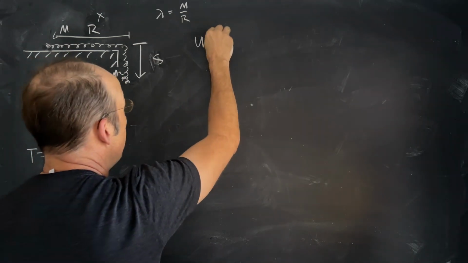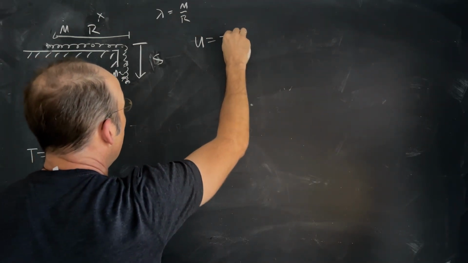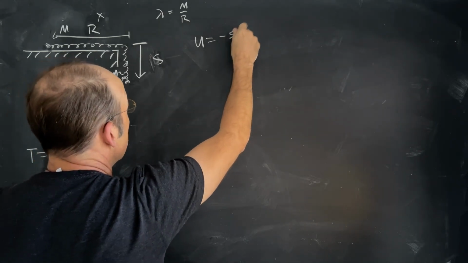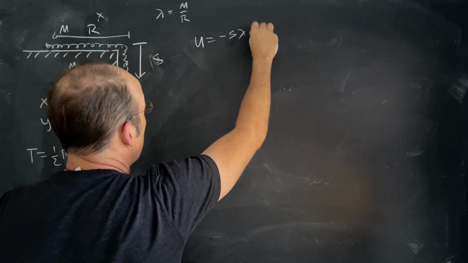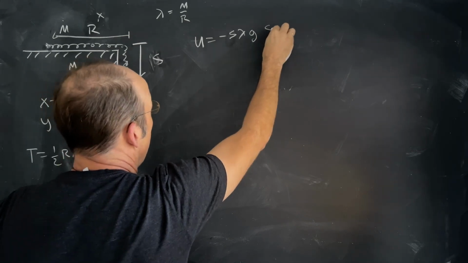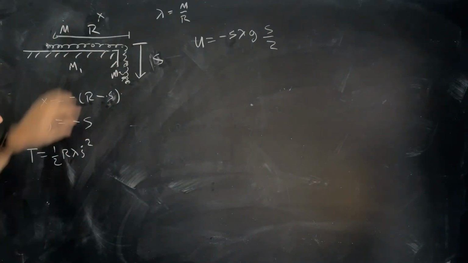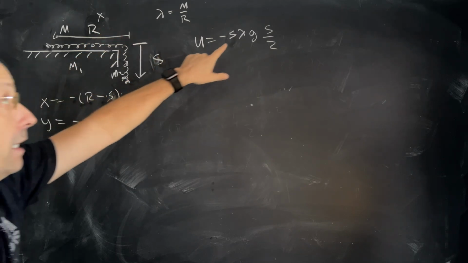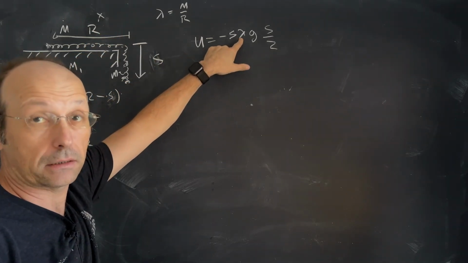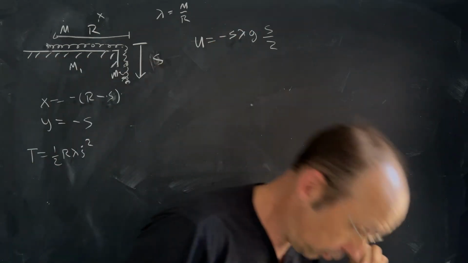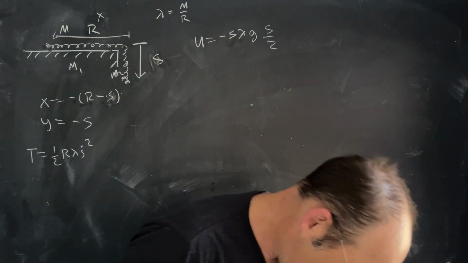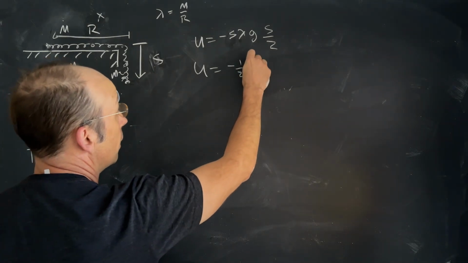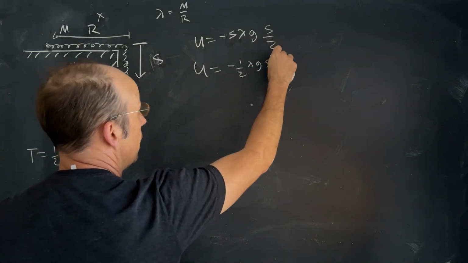So U is going to be equal to negative m, which is s lambda, times g times s over 2. So that's my negative y value of the center of mass, and that's the mass. Let's double check because I made a mistake on this before. Yes. So this is going to be negative 1/2 lambda g s squared.